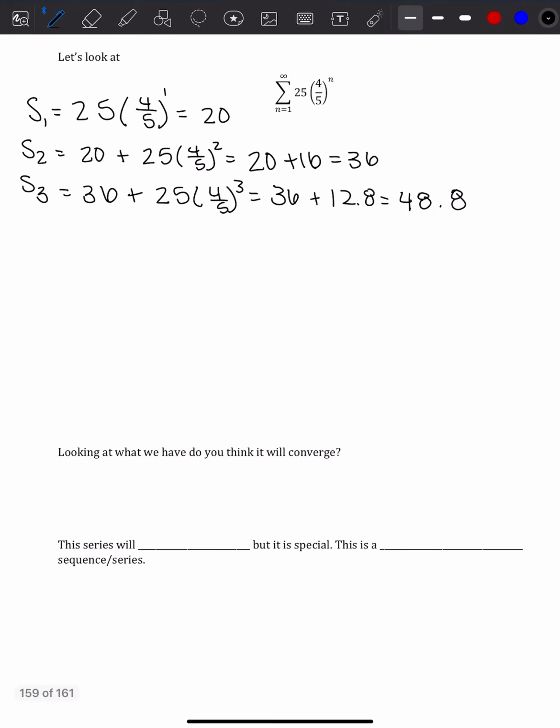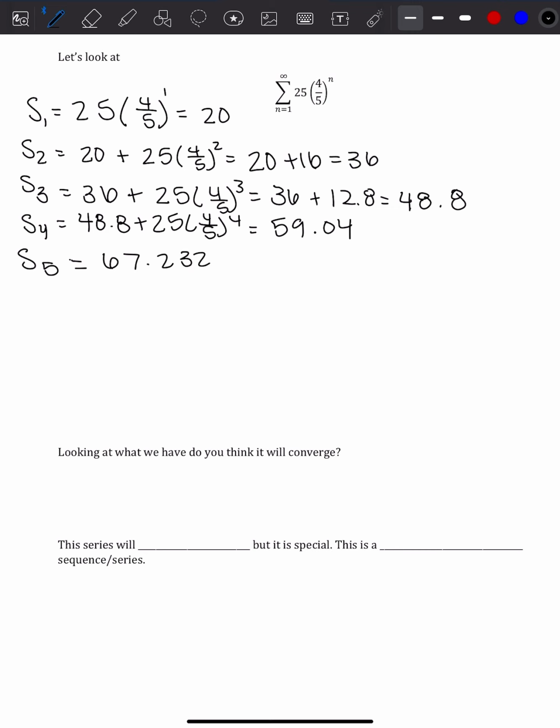Our previous sum is 48.8, so we're going to take 48.8 and add the next term, 25 times 4/5 to the 4th. I'm going to give this to you already. This is 59.04. And then we're looking at S sub 5, 67.232. S sub 6 is equal to 73.7856.